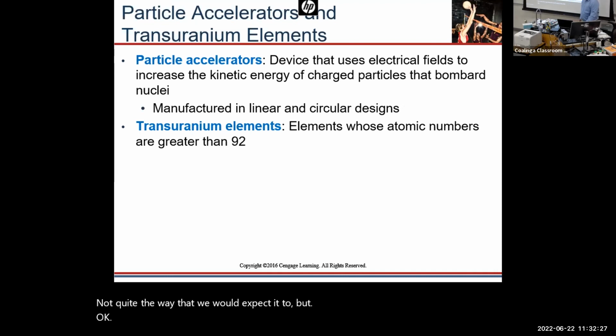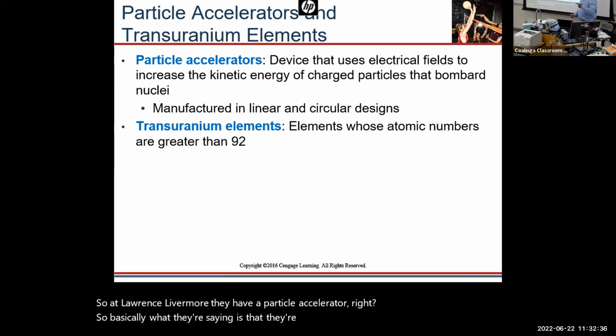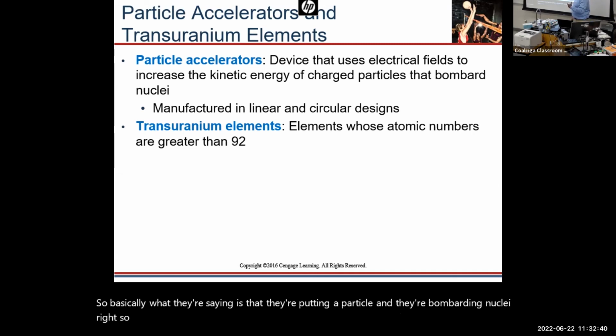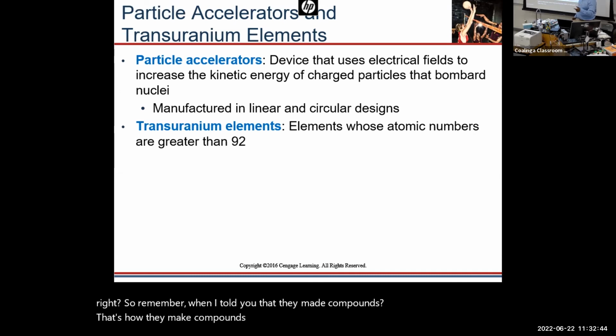Okay, so at Lawrence Livermore, they have a particle accelerator. Basically, they're putting in a particle and bombarding nuclei, right? So remember when I told you that they make compounds? That's how they make compounds. They basically add particles.